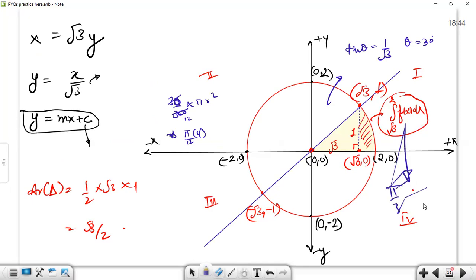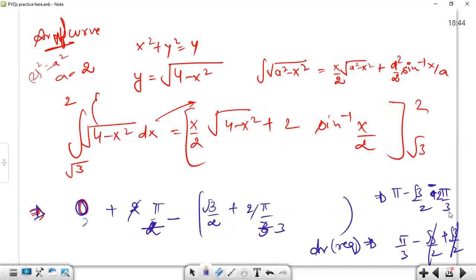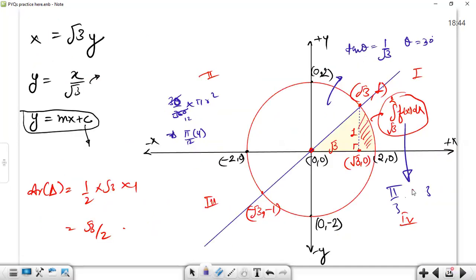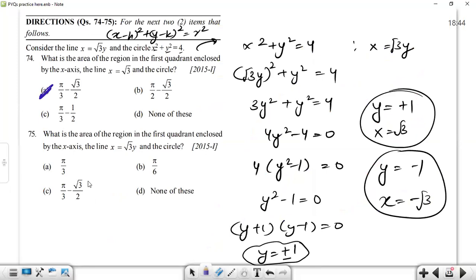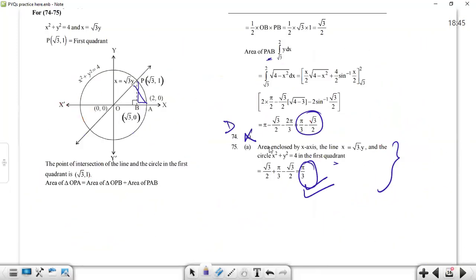Pi by 3 minus root 3 by 2 as per this solution here. If we solve this further, the area of this and the area of this is root 3 by 2. If we add these both, pi by 3 will come out. So its answer should be A. So yeah, it's not a misprint, it's correct.